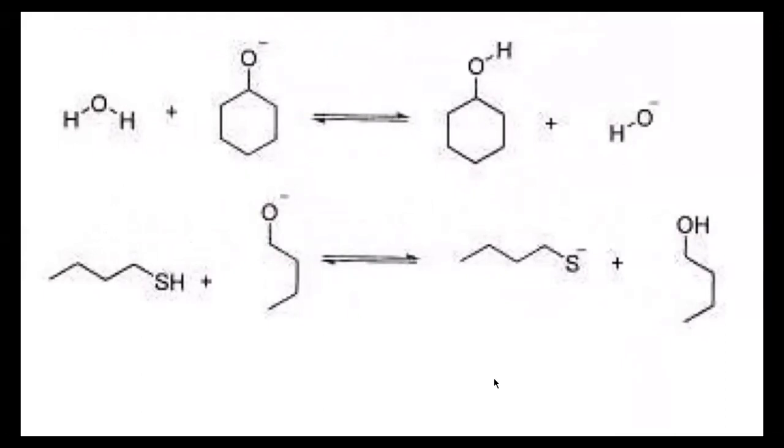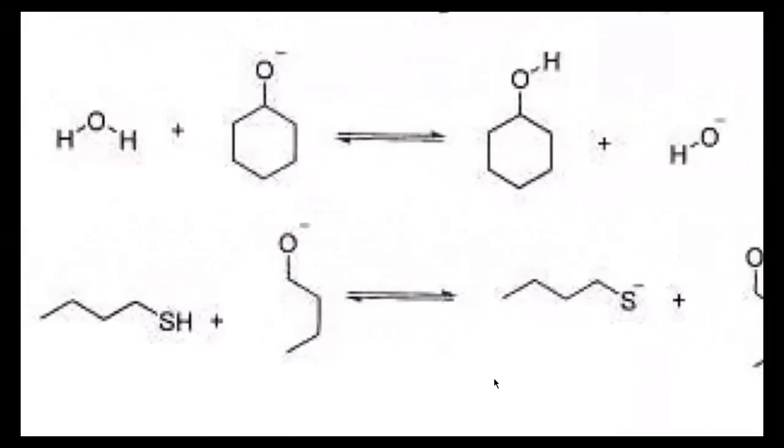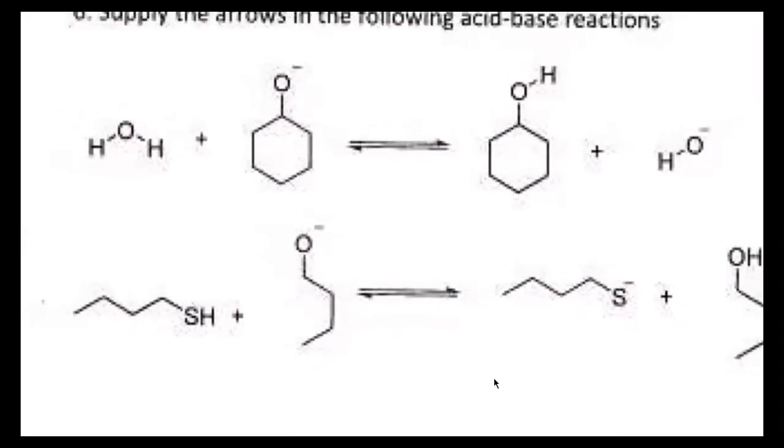So in the top example, let me put some electrons on oxygen. And close this out. All right. So let me put some electrons here. You know, oxygen has 3 lone pairs and is negative.